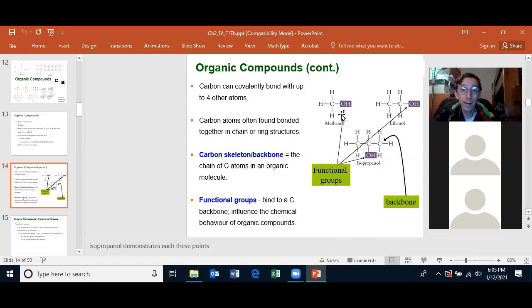The carbons of organic compounds are often found bonded together in ring or chain structures, like isopropanol shows you. The molecule is held together because the carbons are bonded together. And so we call this the backbone of the molecule. So the carbons typically are the backbone of the molecule.